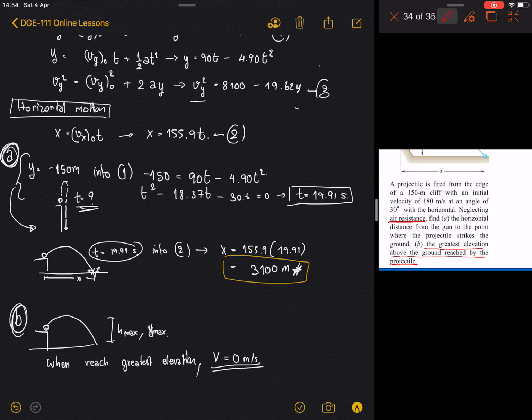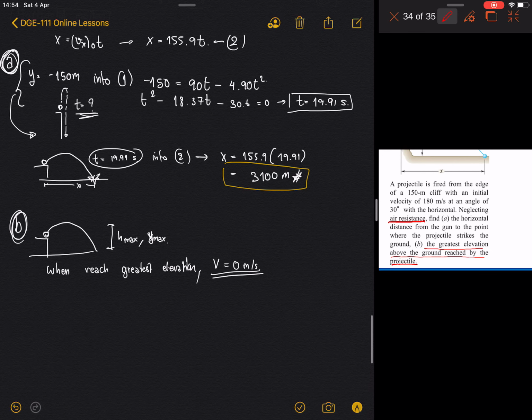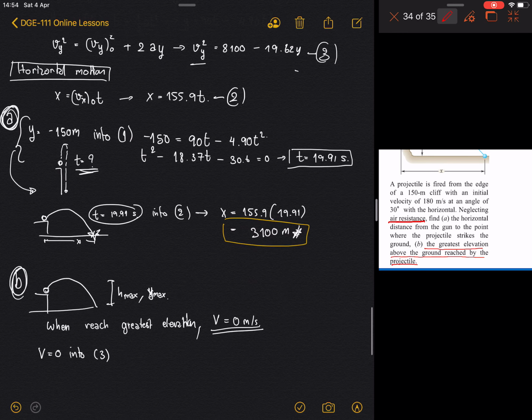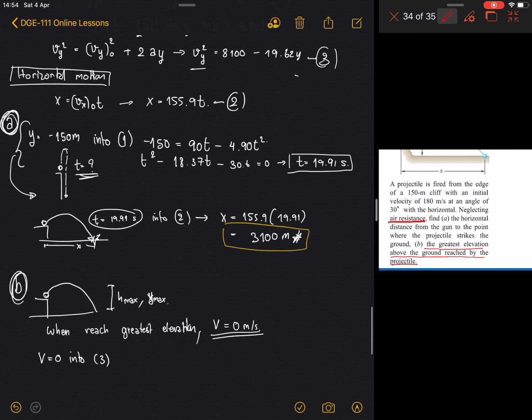We can call it equation 3, and from 3 we say v equals 0, and we get 0 equal to 8100 minus 19.62y.